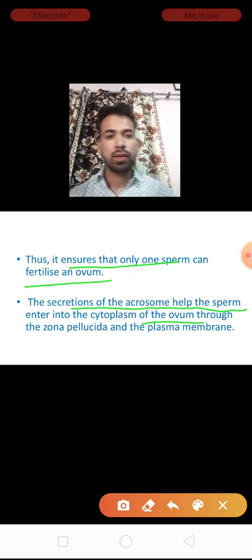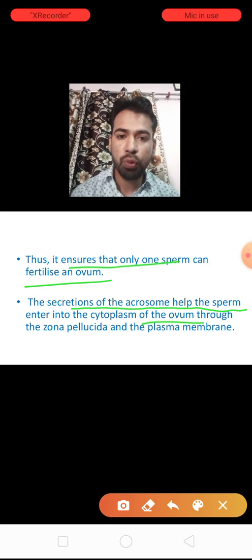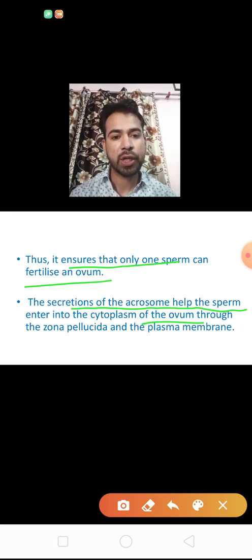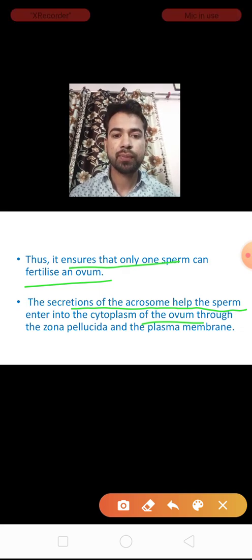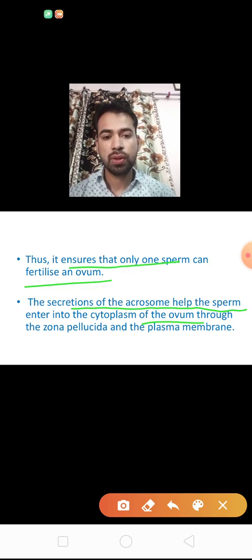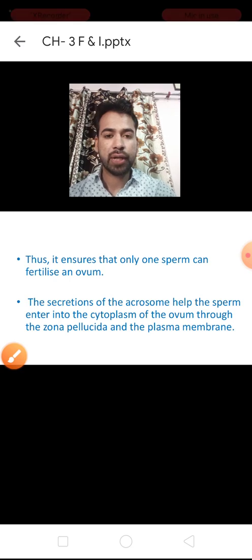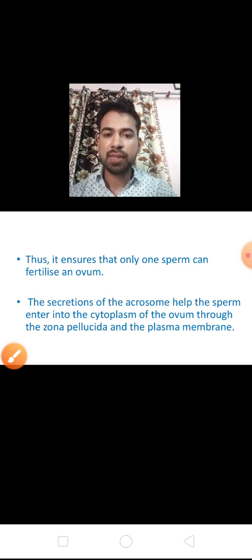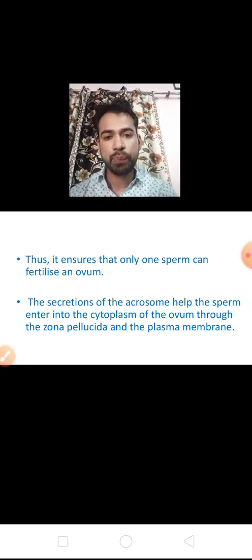Due to that, the sperm enters into the ovum. Okay, clear? So the acrosome secretes some enzymes, and they play an important role in the capacitation of the sperm. Okay, clear?